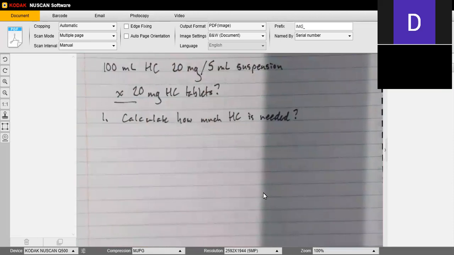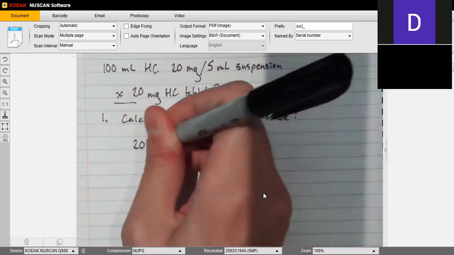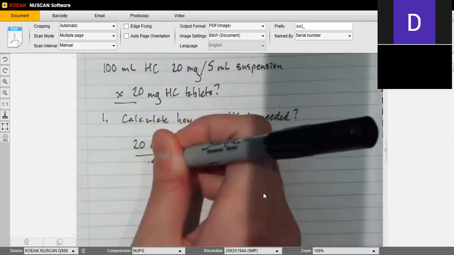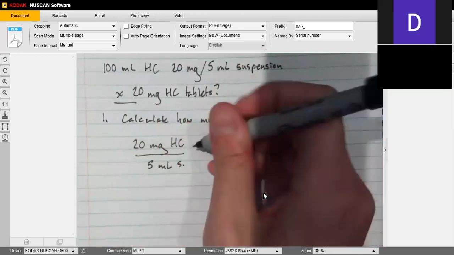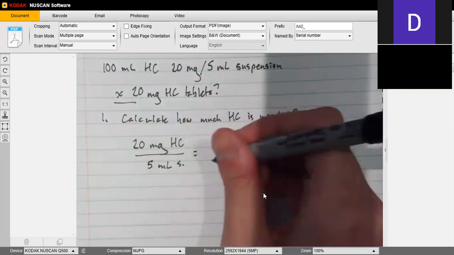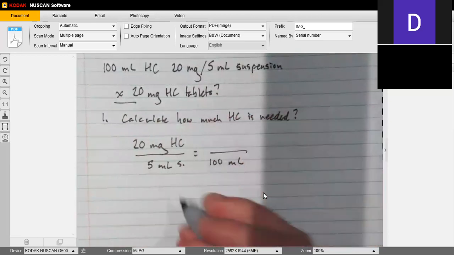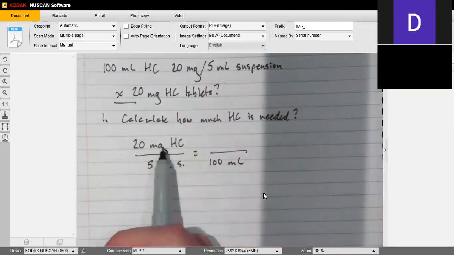And it, in a very sneaky way, gives us exactly how to figure this out, because it's giving us the percent. Now, it's not a very nice percent, because it's 20 milligrams of hydrocortisone in a 5 milliliter suspension. However, we can still set up our problem and figure out that percent strength. So 100 milliliters, because we know whether it's 5 milliliters or 100 milliliters of that solution, the ratio is going to be the same.